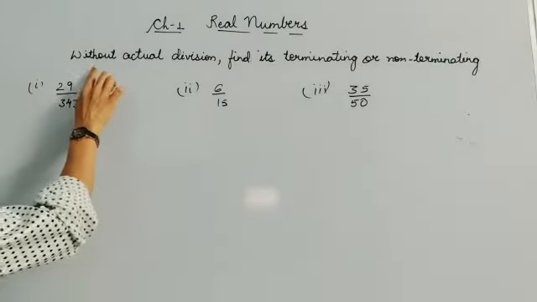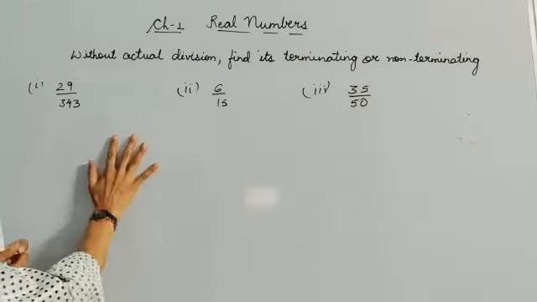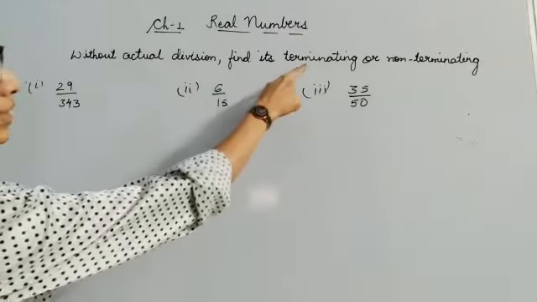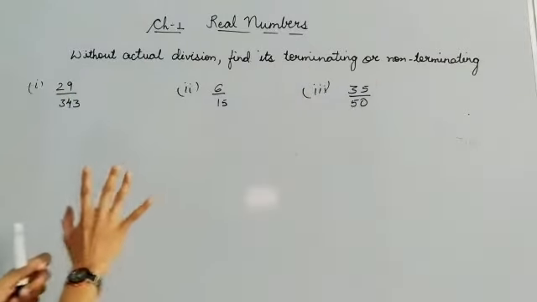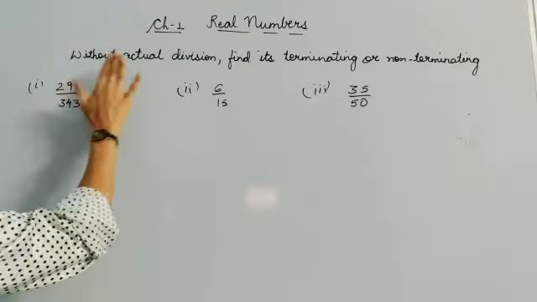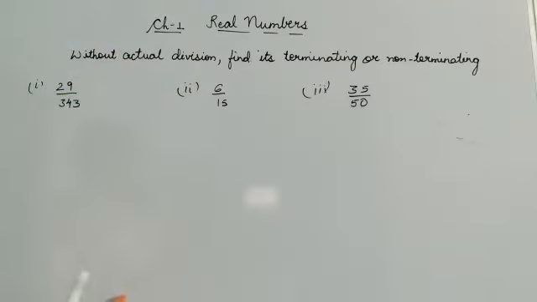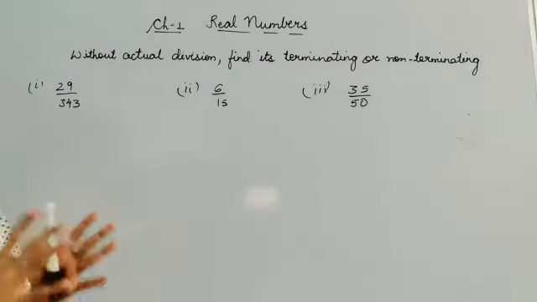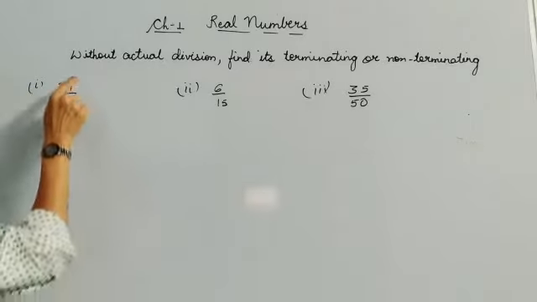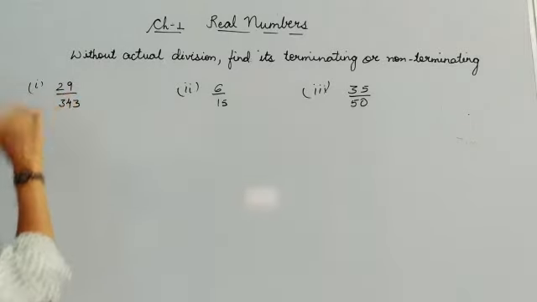Children, whenever you have to find out whether it is terminating or non-terminating without actual division, you have to see your denominator. You don't have to bother about your numerator.